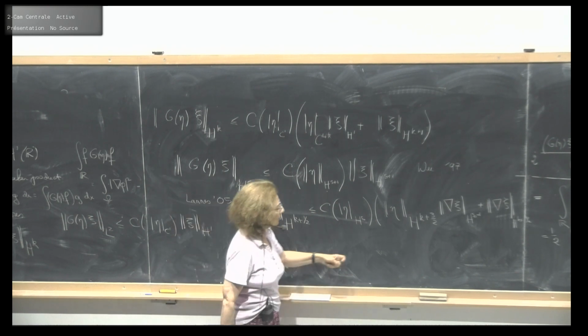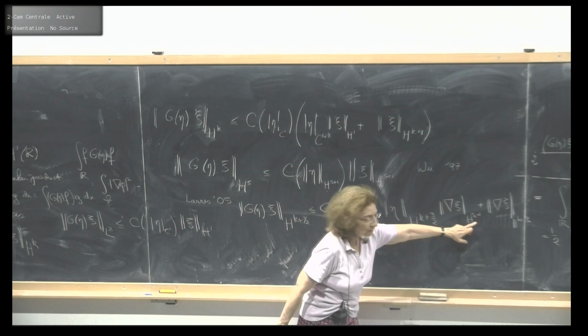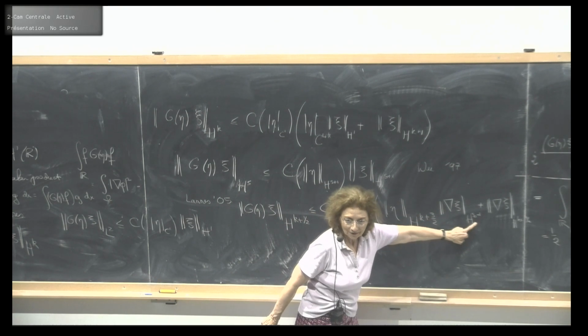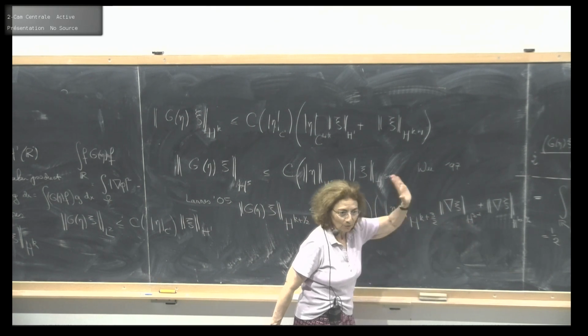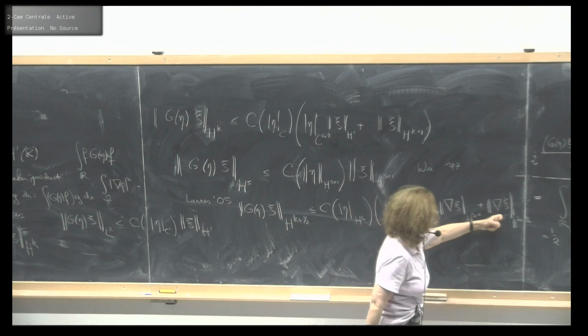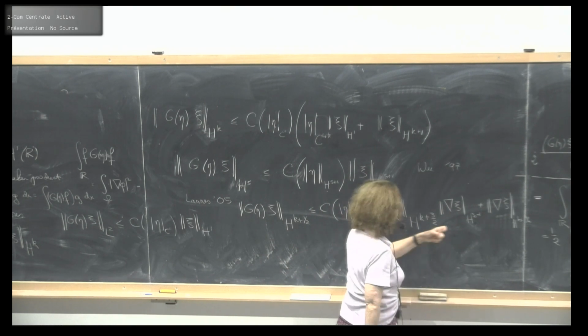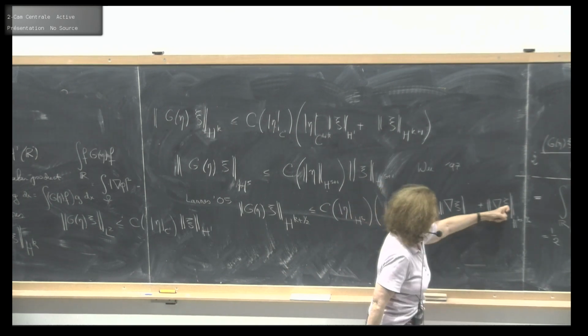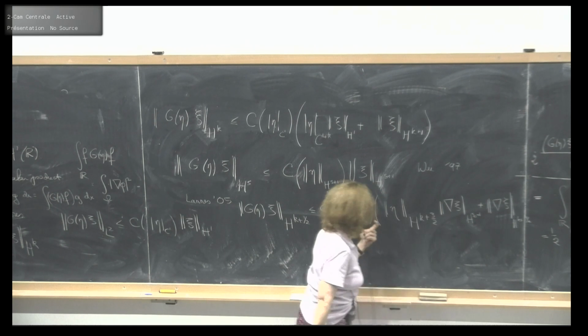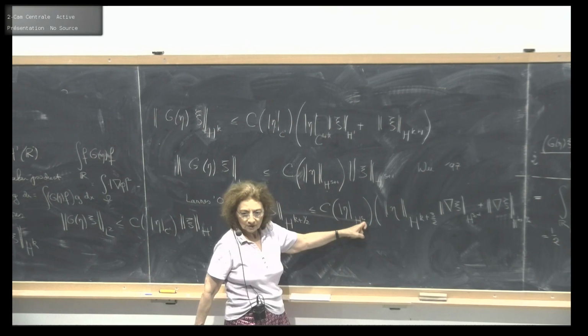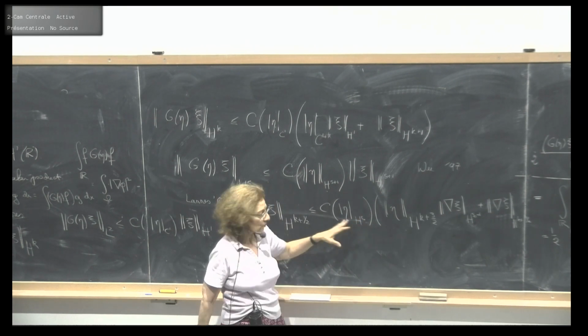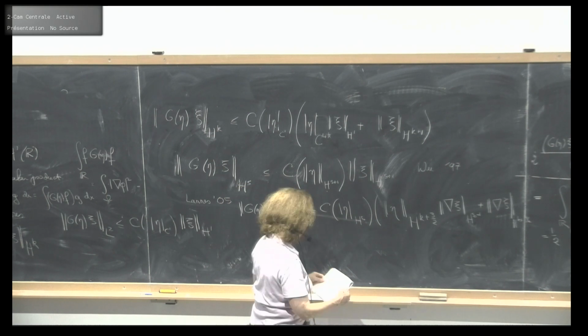But the gradient of psi is relatively in a low Sobolev space because s0 is chosen from the beginning. And here it's the same. We have psi in a high Sobolev space, but it's only multiplied by this constant depending on s0. So there is some advantage in this.